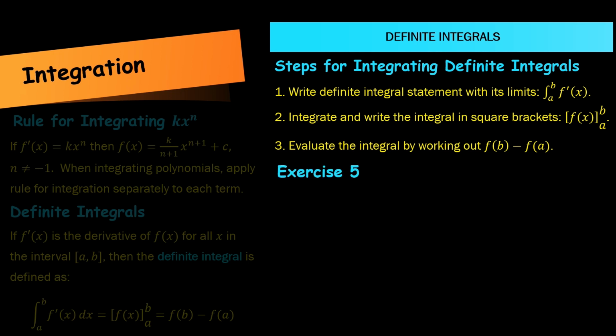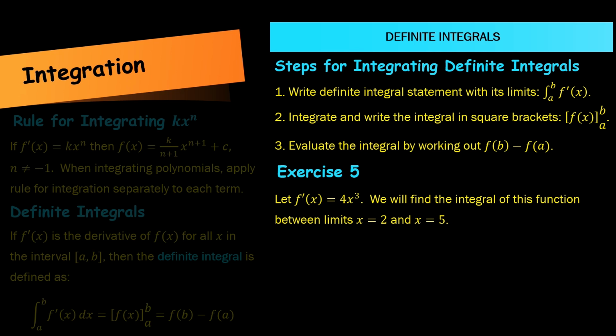Let's now take a look at an example. Let f dash of x equal 4x cubed. We will find the integral of this function between limits x equals 2 and x equals 5.